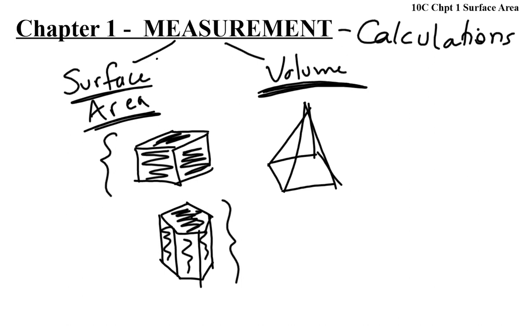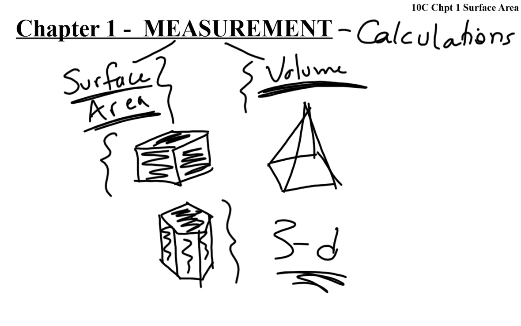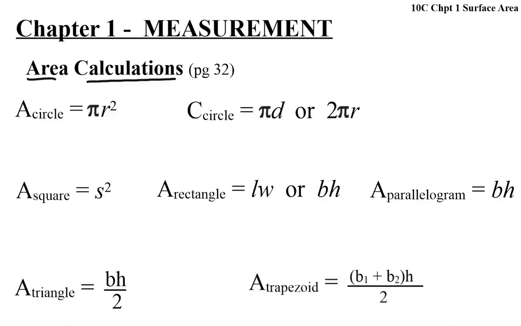So all surface area and volume, even though these are three-dimensional shape calculations, they still require two-dimensional formula to work with. So everything's kind of interrelated. Two-dimensional helps us deal with three-dimensional calculations. So very quickly, going over the shapes you need to be familiar with.